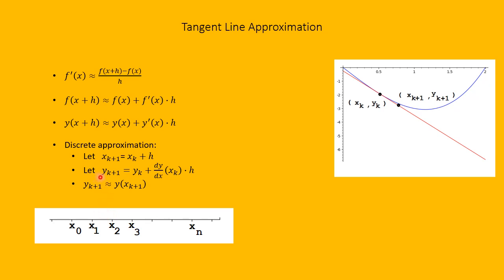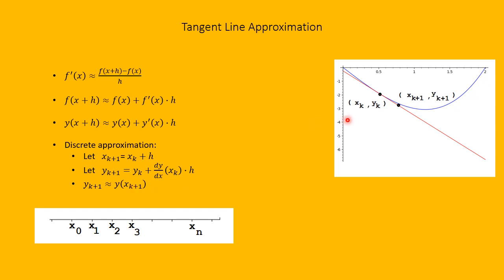Let's let y sub k plus 1 equal the following. y sub k plus the derivative of y with respect to x evaluated at x sub k times h. In that case, y sub k plus 1 is a discrete approximation to our function y evaluated at x sub k plus 1.